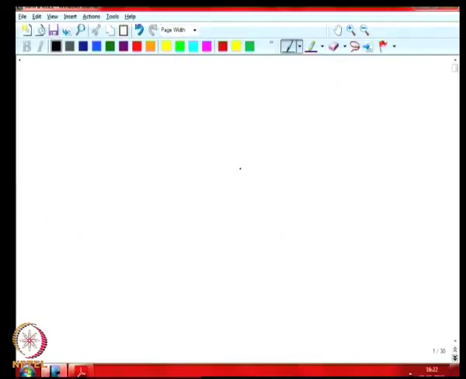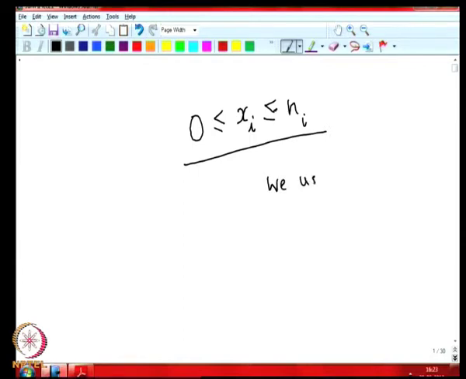The kind of form we described in the earlier formulation was something like this: each xi has to be in between 0 and some ni. Then we will use the inclusion-exclusion principle and solve.